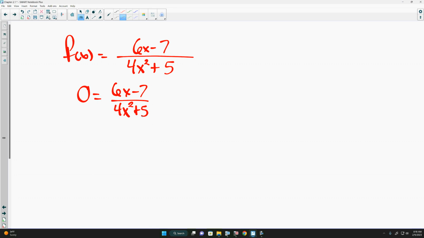Because we're trying to look for the x-intercepts, we need y to be 0. How can I make a function, or not a function specifically, but a fraction be 0? What's the only way we can have a fraction be 0? Is if the numerator is 0, yes? Doesn't really matter what the denominator does. This has to be 0. So if I wanted to find the x-intercept for it, I don't have to deal with the whole function. I'm just really focused on this.